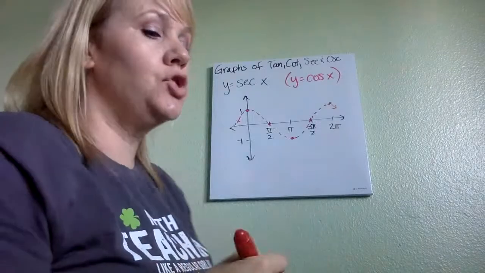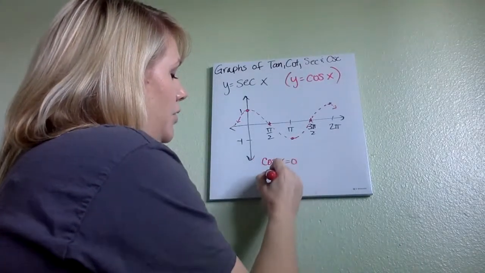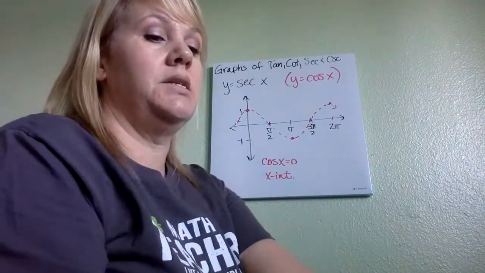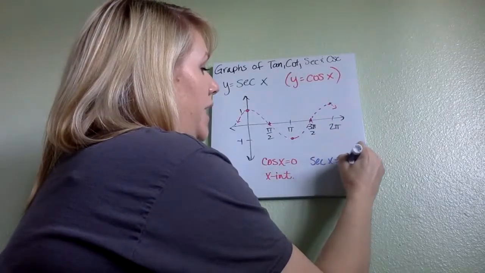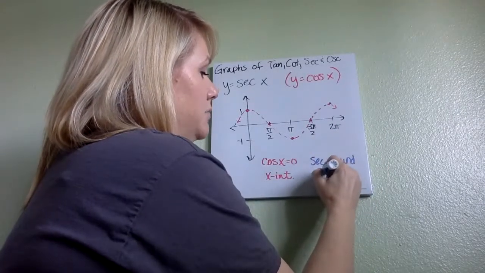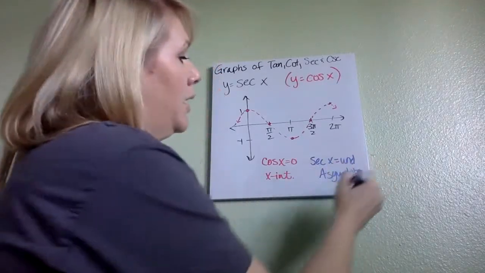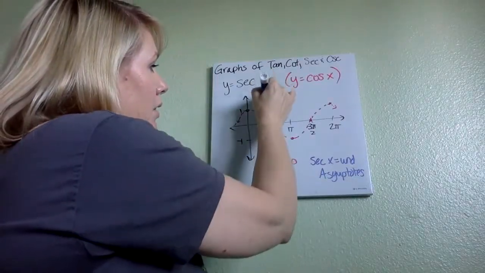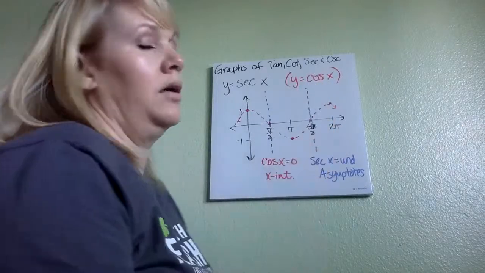And then the same is true. So if I have the cosine of x equals 0, those are my x-intercepts. Then the secant of x would be undefined, and those are asymptotes. So everywhere the cosine has an x-intercept, we have asymptotes.